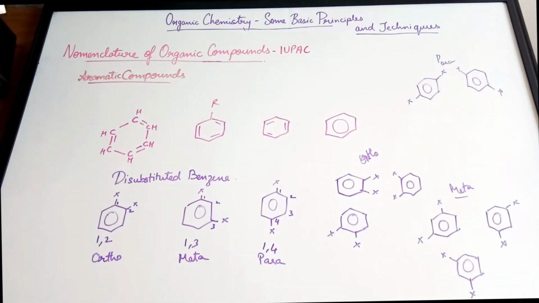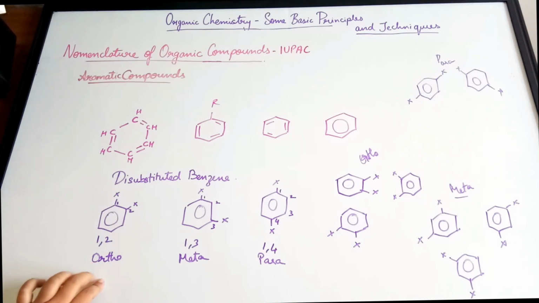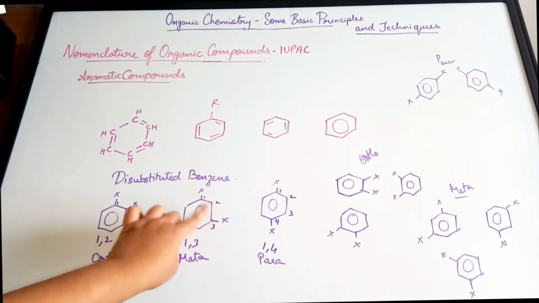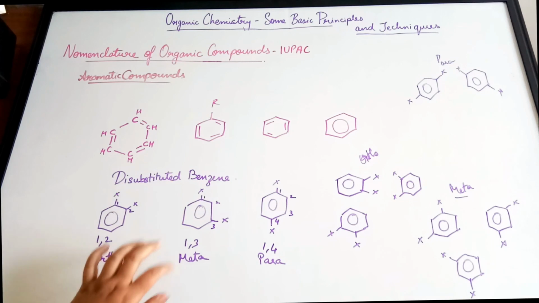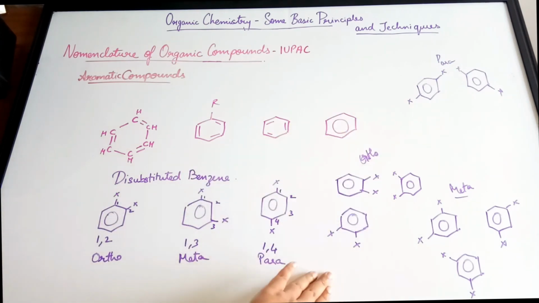Disubstituted, 2 hydrogens are replaced by 2 groups, and if the 2 groups are on adjacent carbon atoms, they are at ortho positions. Meta is when they are on alternate carbon atoms, and para is when they are opposite to each other. So these are the various ways you can have ortho, meta and para positions.